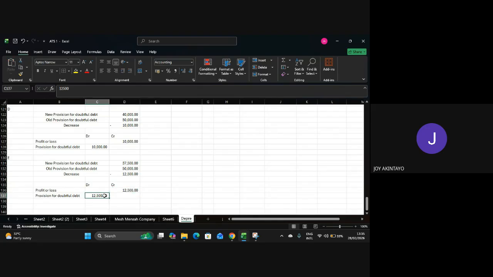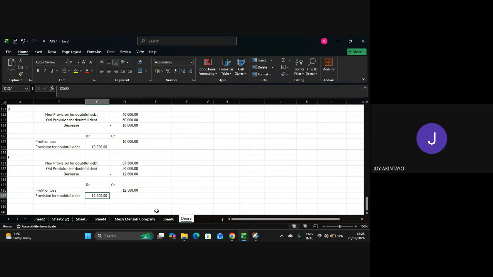POL, then the corresponding entry goes to our provision for doubtful debts. Are we together?